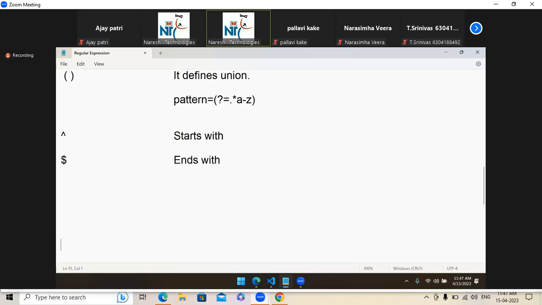What ends with? Expression ends with. What is an expression? You will see now. First we are learning characters. Then through these characters, we will learn how to write an expression. When you write an expression, expression start and expression end are defined by using these two symbols. That expression I will show now. We will see how to write the expression.